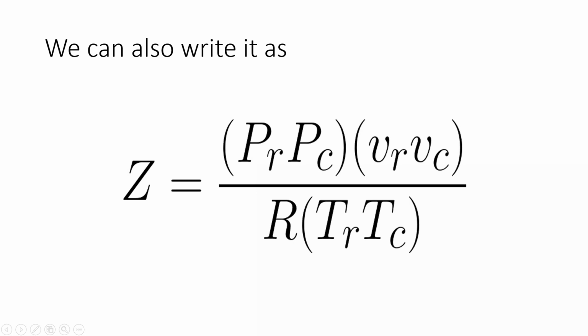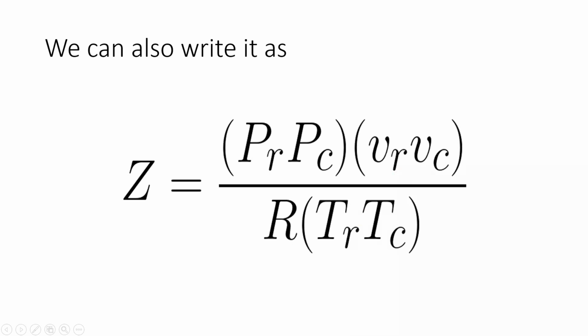PR is the reduced pressure, PC is the critical pressure. Whenever you multiply the reduced property with the critical property, you get the actual property. So PR into PC is equal to P, VR into VC is equal to V, and TR into TC will be T.